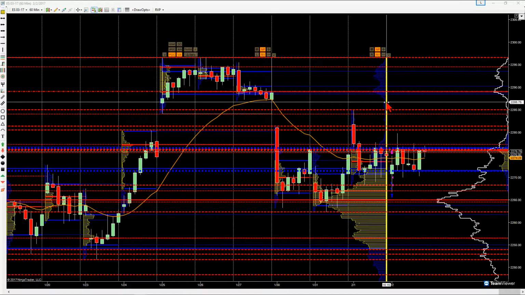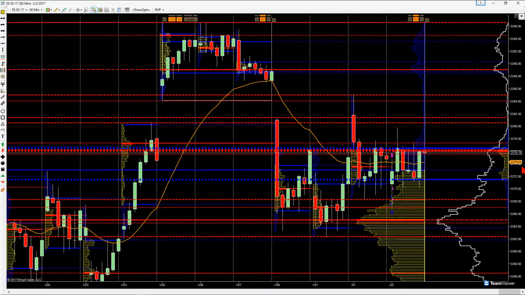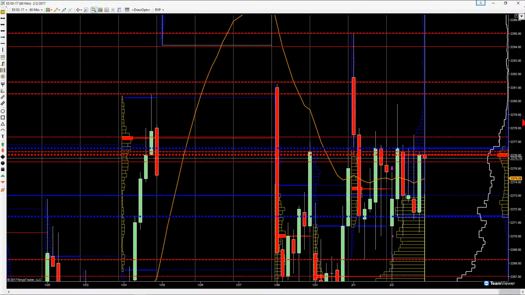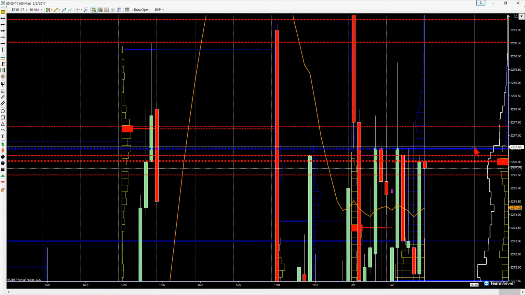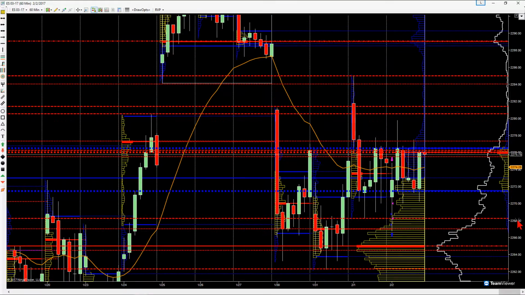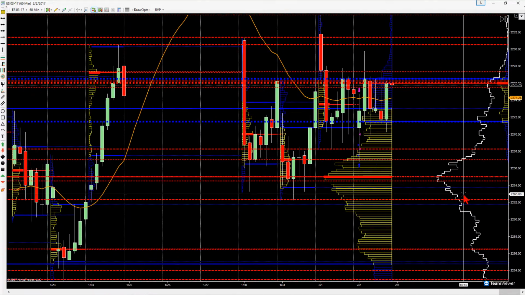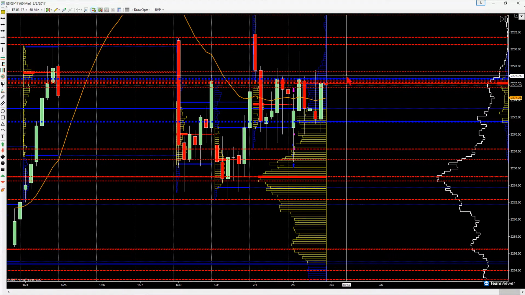Okay, so we're gonna extend the micro composite profile to include yesterday. All right, so you could see we have a lot of congestion up here where we are. Let's make this look a little bit more normal. Okay, a lot of congestion where we ended up closing yesterday.